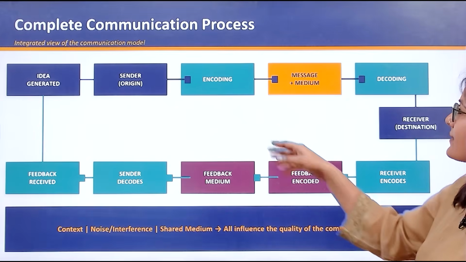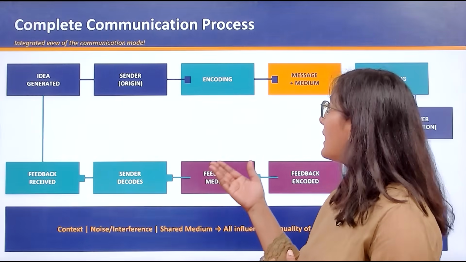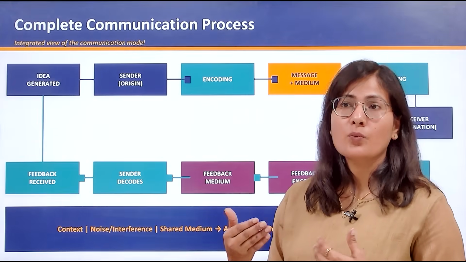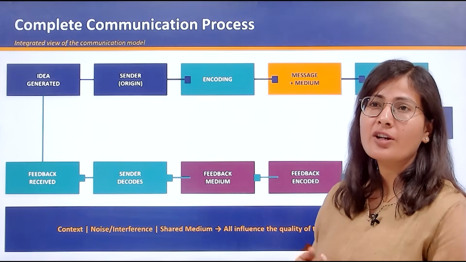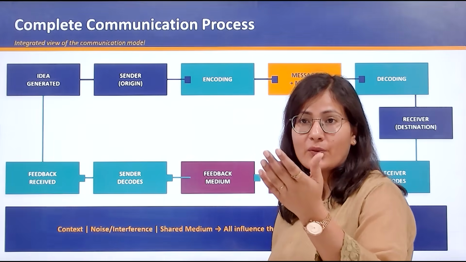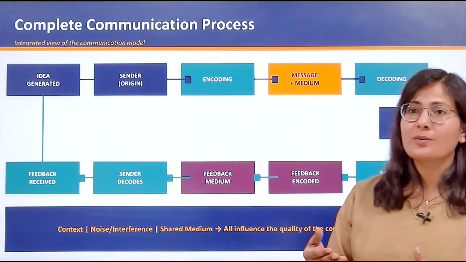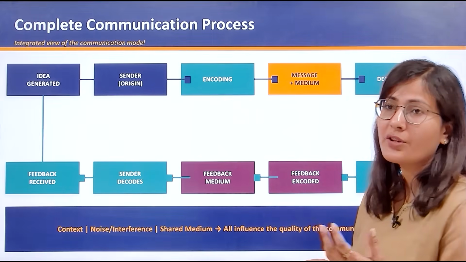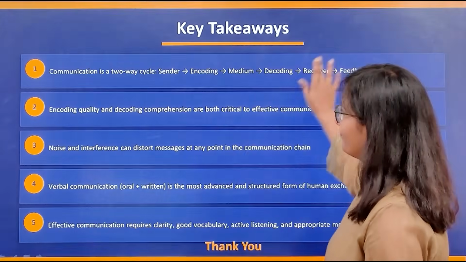The idea which was generated, and the sender, the person where that message originated, and then the encoding process that we have already discussed: encoding, message, medium, decoding, feedback received, and then the sender starts decoding, and then feedback medium, feedback encoding, and then the receiver encodes.